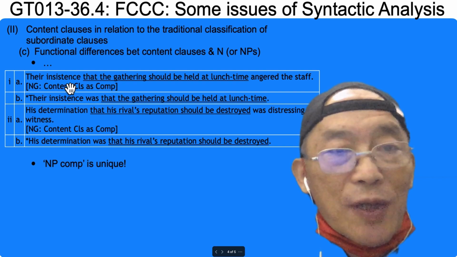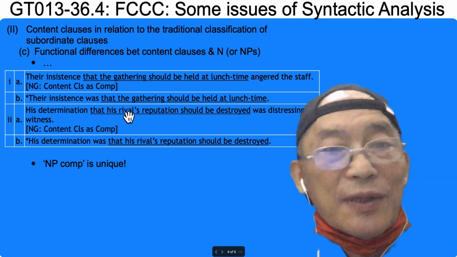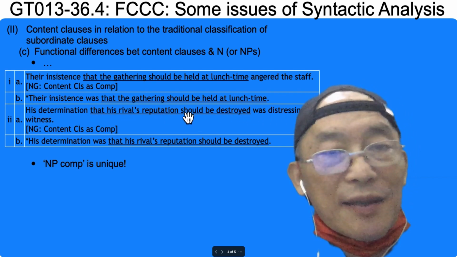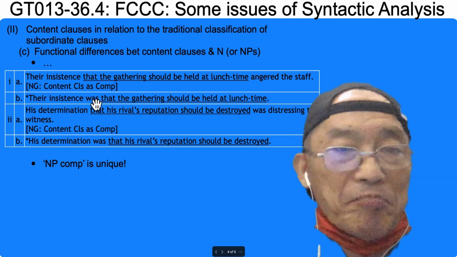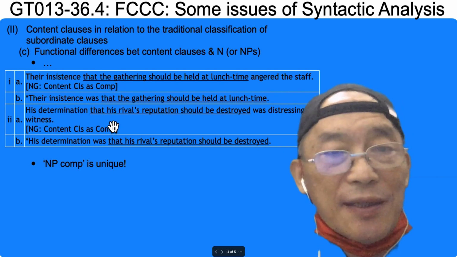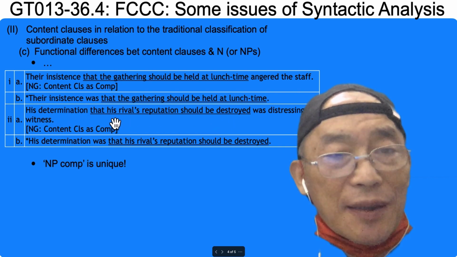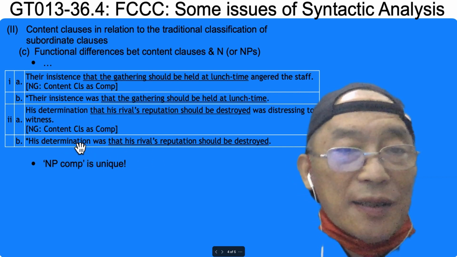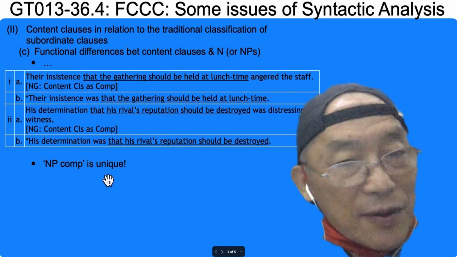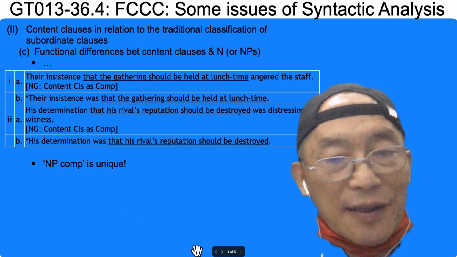Are these two equal? Their insistence was that the gathering should be held at lunchtime. Sorry, these two are not equal. Is the termination that blah, blah, blah. So is this equal to this? Sorry, they are not equal. So noun phrase complement is unique. It's different than the noun phrase itself.